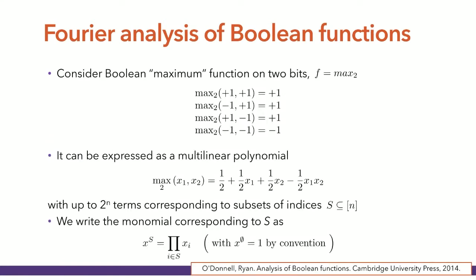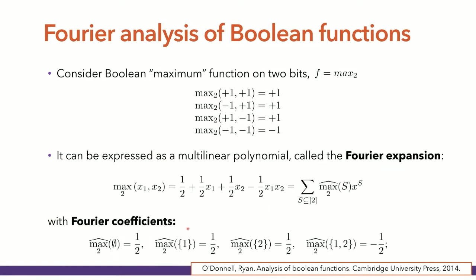Now let me quickly add some annotations. I'm going to write x to the power of set s for the monomial corresponding to s, namely the product of x_i over indices that are in this set s.